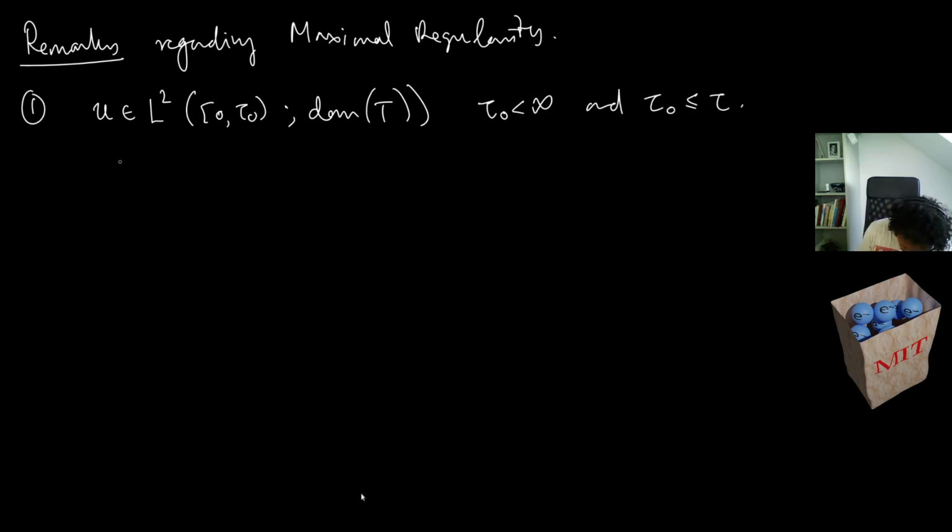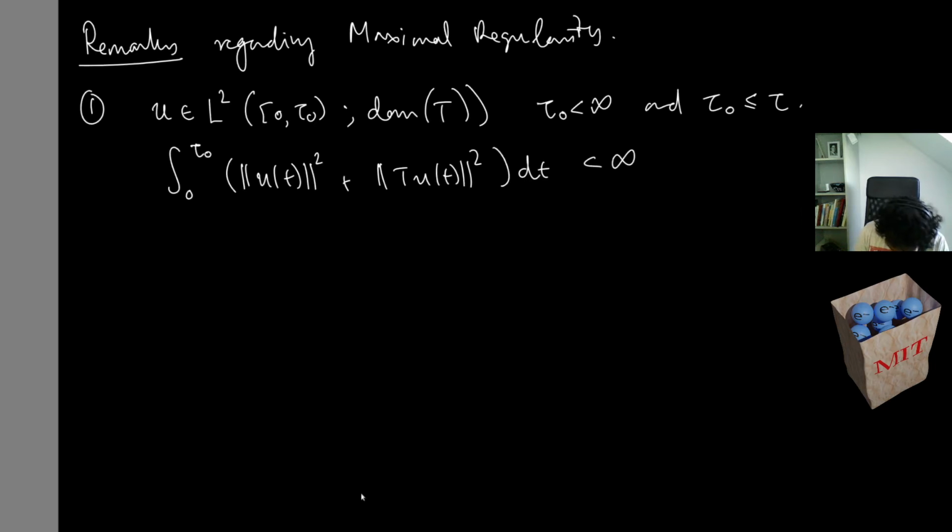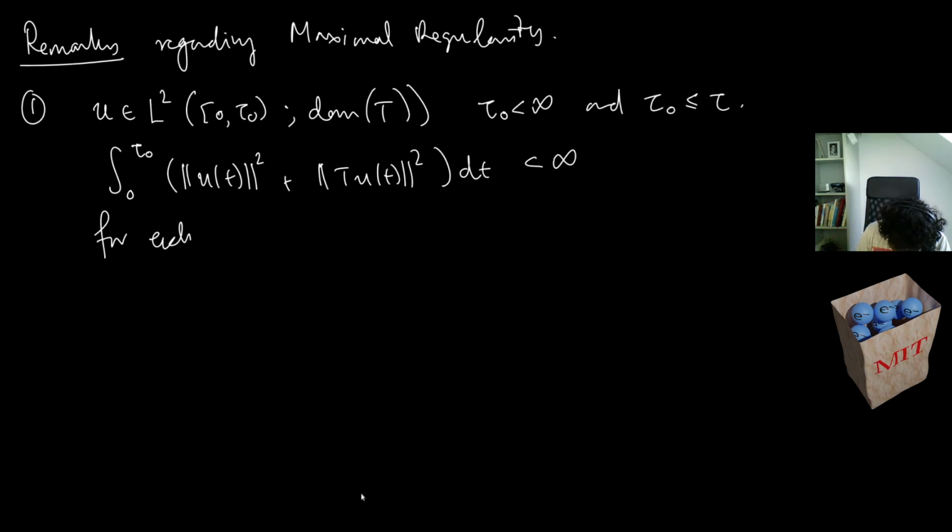So the point here is that this is saying that the integral from 0 to tau naught of the norm of u of t plus t u of t is finite for each tau naught.